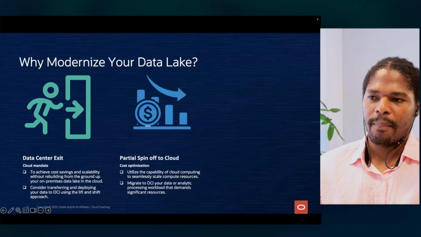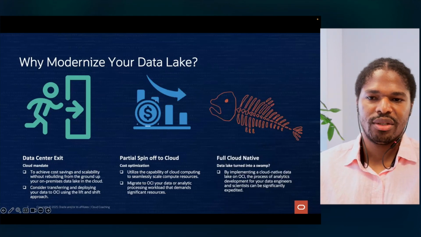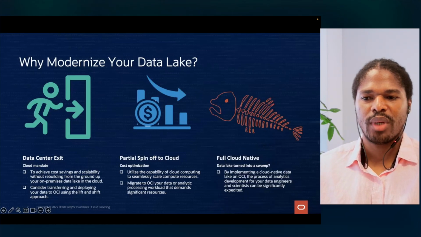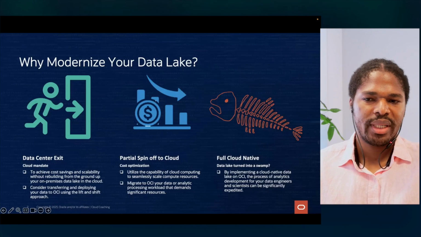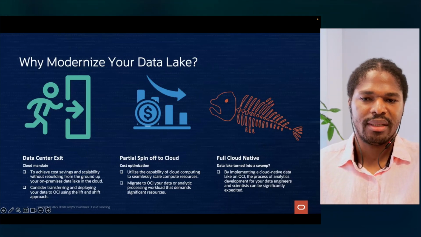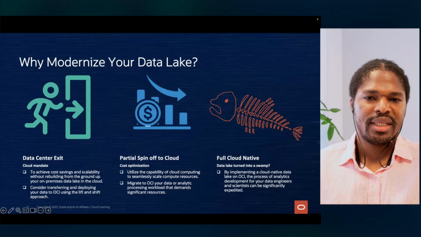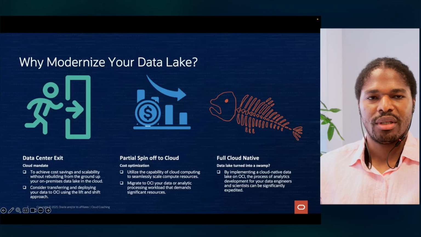of your environment. And finally, you might have noticed that your data lake has turned into a swamp. So a data swamp, what is it? It is basically a data lake that has ungoverned data. It has gotten out of hand in the sense that data becomes difficult to find.